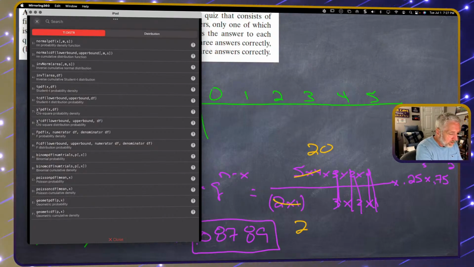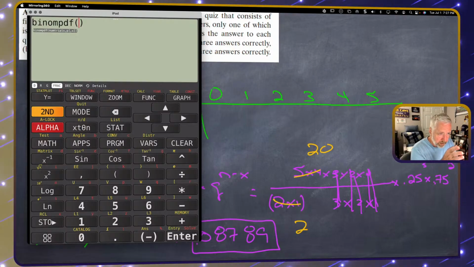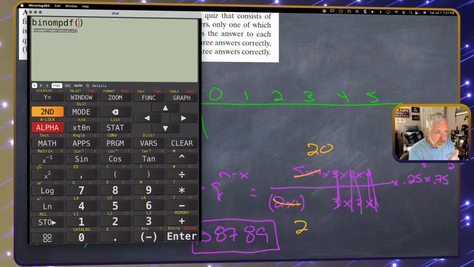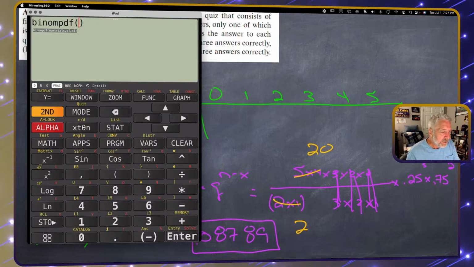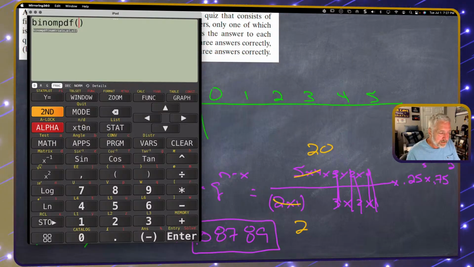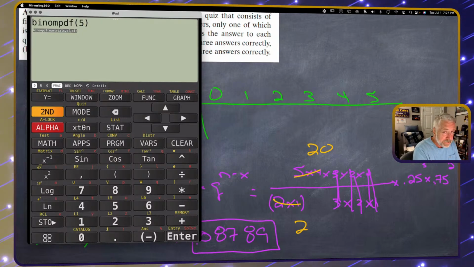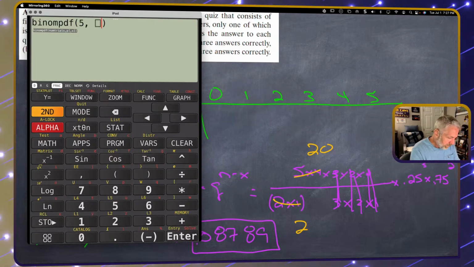You go down here to binomial PDF, because we're looking at one single instance. We're looking at the probability that we have exactly 3 successes in this probability experiment. So it's n, p, x. The n is 5. The probability was, what, 0.25?